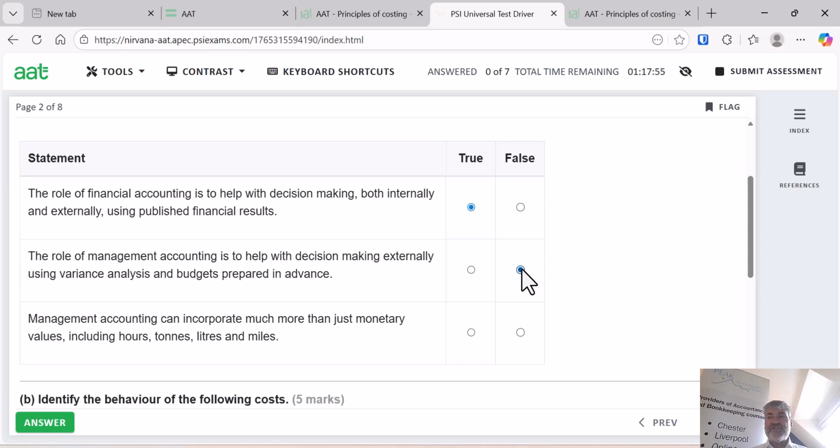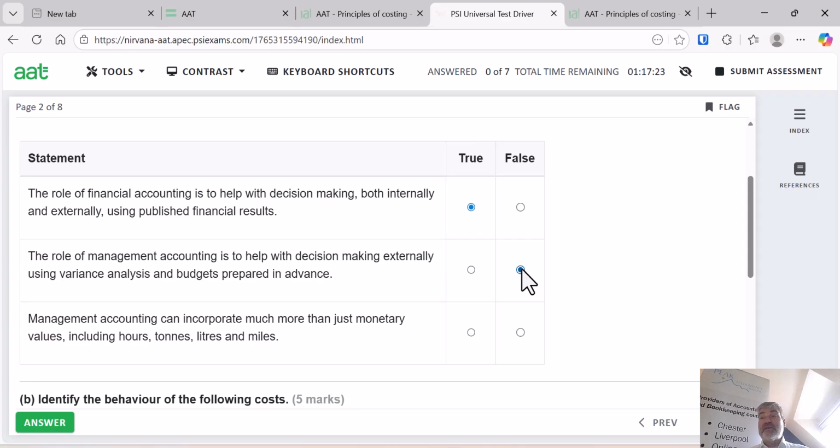We are interested in all sorts of measures of performance, and that would include hours worked doing a particular task, for example, the amount of materials used in production for a manufacturer, the distance travelled by trucks if we're a logistics organisation, or distances travelled to meetings by managers and other employees.